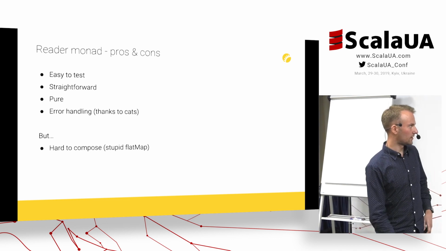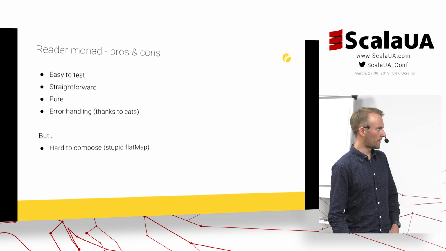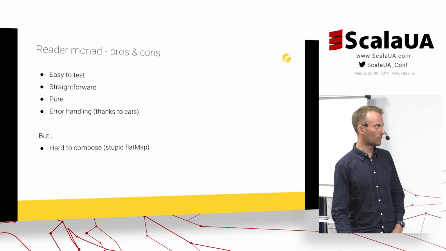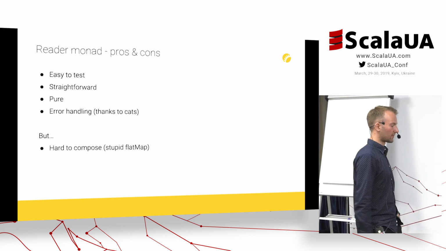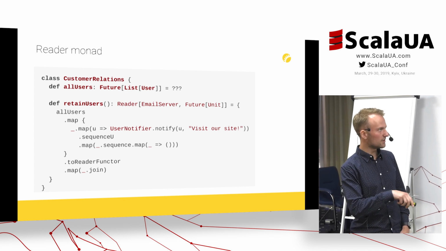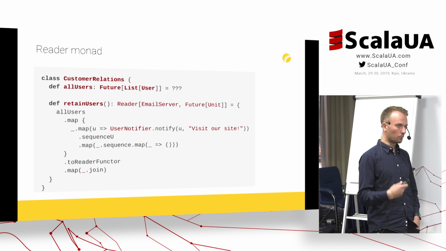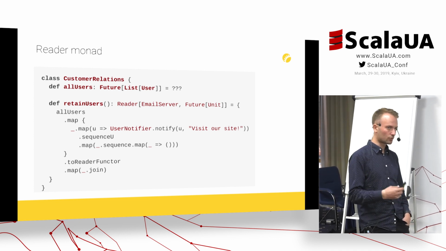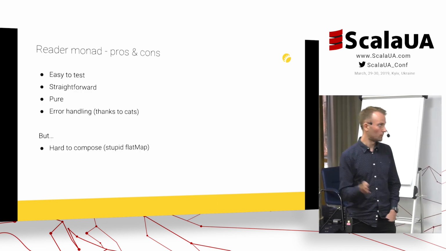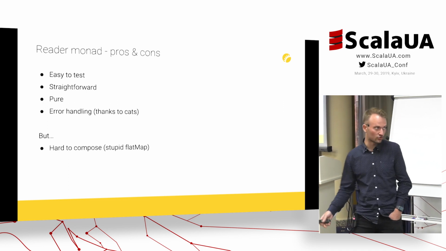The reader monad is also easy to test because it's pure functional, pure functions, very straightforward, and thanks to cats, it provides error handling. For instance, reader is the simplest case. Actually, there is ReaderT, the reader transformer, where you can provide some monad for error handling, for instance Future, Either, Try, or IO. So having error handling, we can perform lifecycle management.